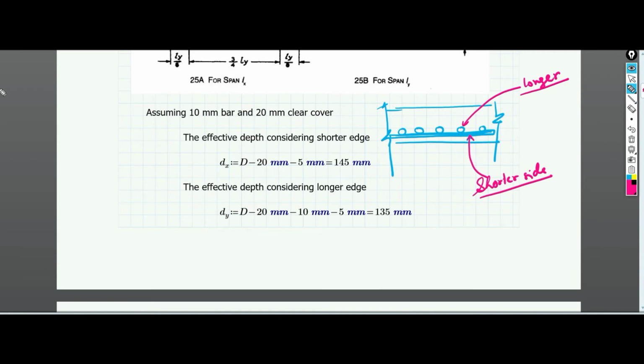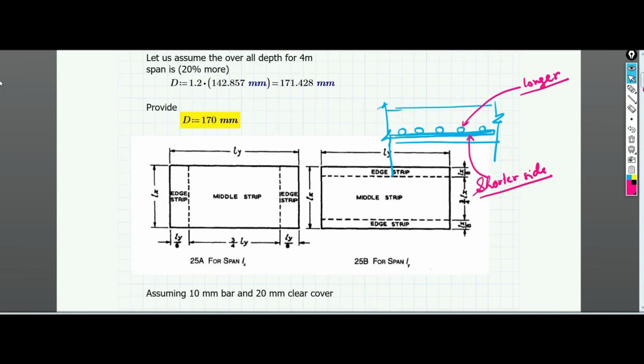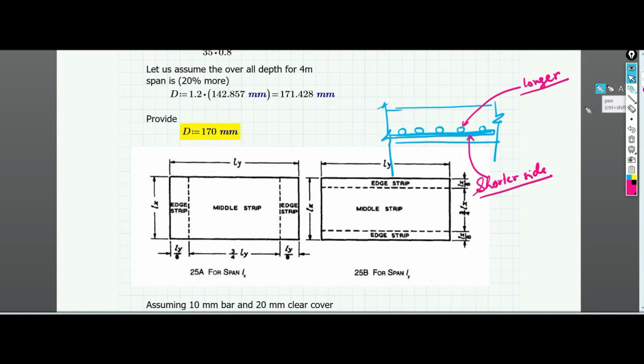Okay, that means if you see here, along the shorter side, these bars will be at the bottom layer, then we have a top layer. Blue is the top layer.